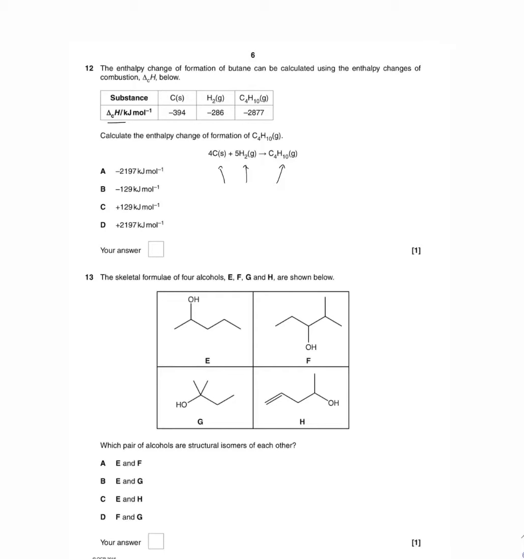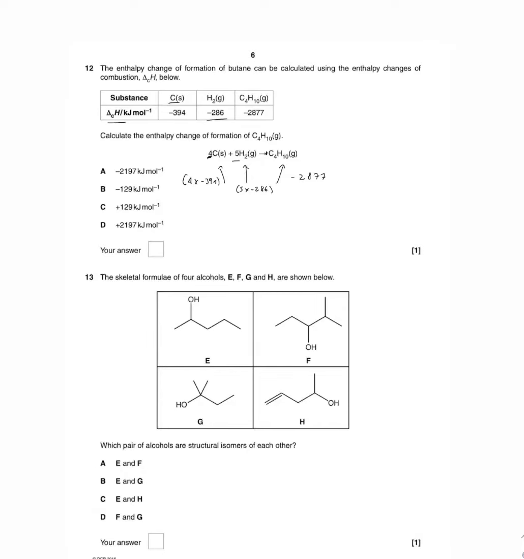And so carbon is minus 394. However, there are 4 lots of carbon, so it's 4 lots of minus 394. And then hydrogen is minus 286, but there are 5 lots of hydrogen, so 5 times minus 286. And then minus 2877, there is no number in front of butane.